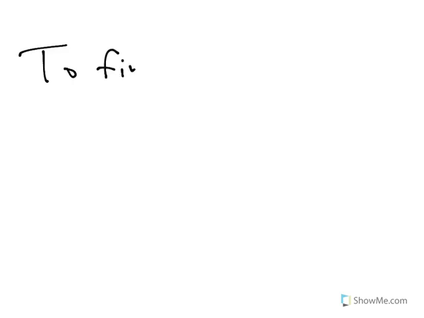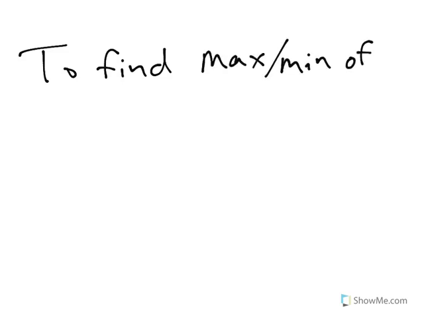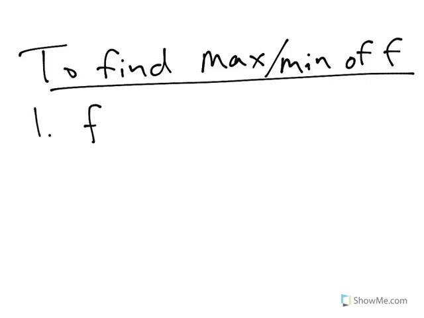So to find maximums and minimums of a function, there are three different ways we can think about this. Number one is, where does f prime of c not exist? What values are not in the domain of f prime?